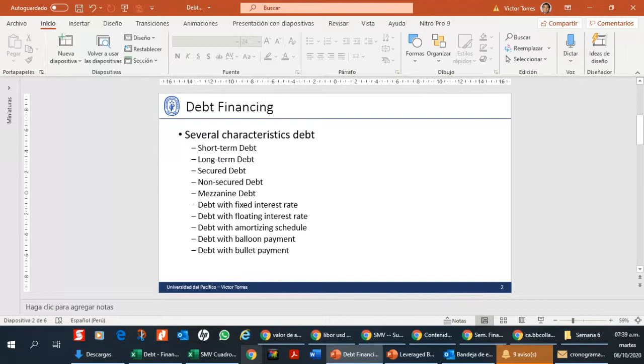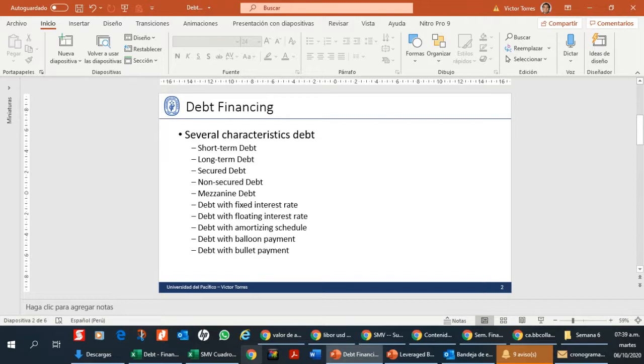So I have put here amortizing debt. We're going to discuss how that works and what a balloon debt payment is, when you have small payments through the life of the debt, and then suddenly there's a massive increase in the amount you're going to be paying. And then there's also the bullet payment, which is like a zero coupon debt, that you're probably familiar with if you have discussed fixed income securities. Just one single payment at the end.